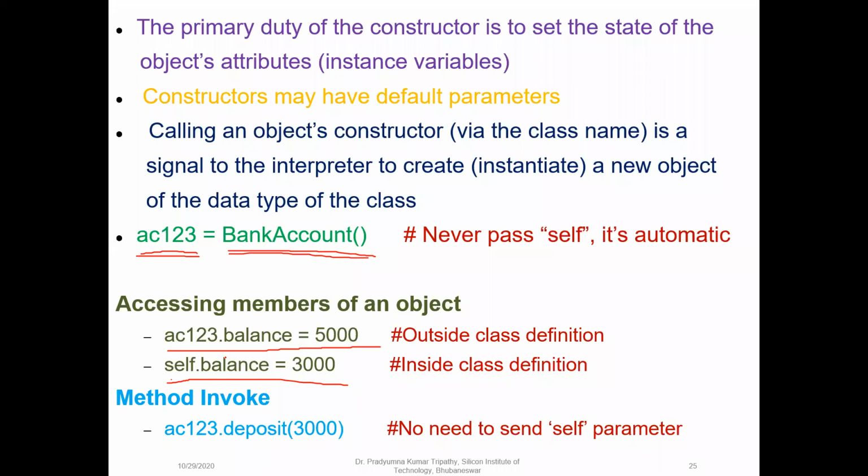Outside the class, if you want to access, you will write object dot attribute name. Inside the class, if you want to access, you will write self dot attribute name. And to invoke a method, object dot method name. Here also you don't need to pass the self.